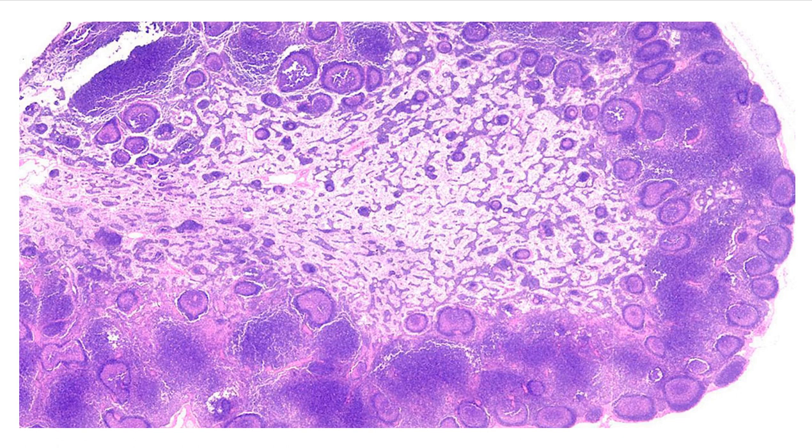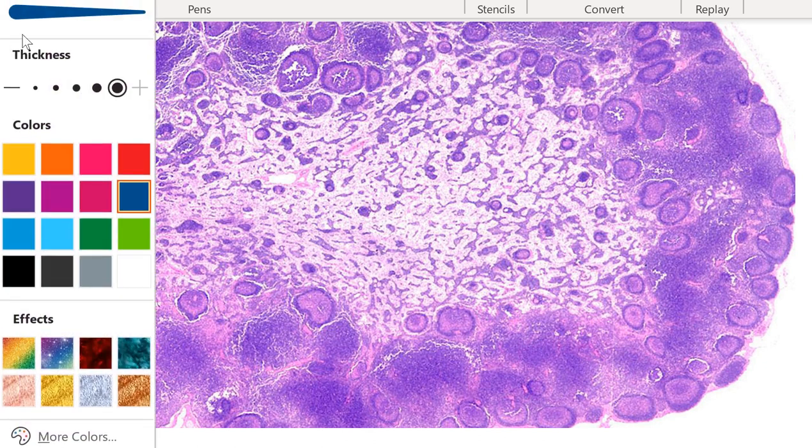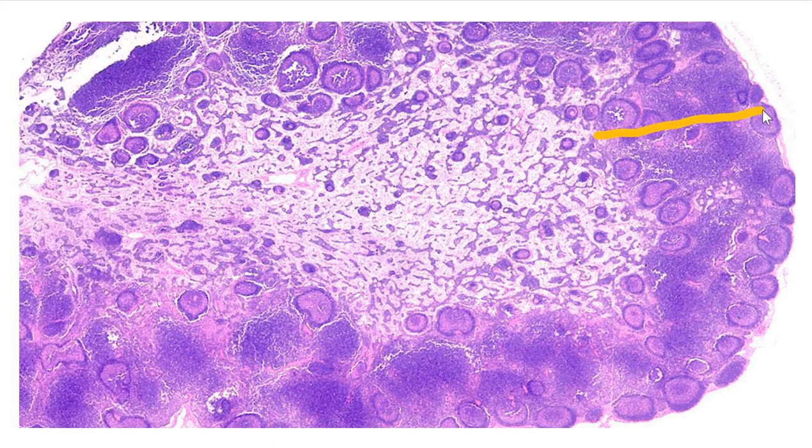When we're looking at the lymph node, first things first, we need to identify the cortex and the medulla. The cortex is always going to be the darker portion, and it's going to be the area that contains the lymphatic follicles. So this would all be your cortex.